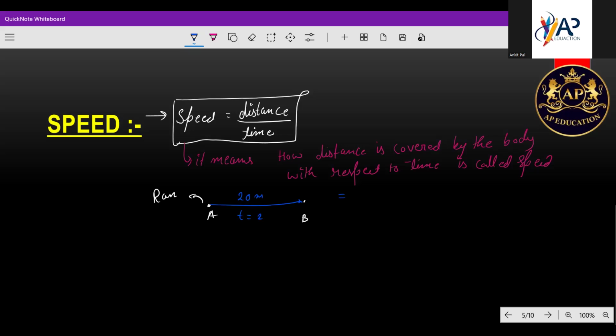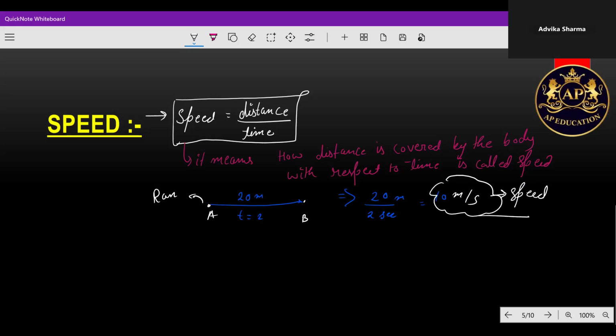So we say that 20 meters divided by 2 seconds gives you 10 meters per second, which is speed. I think it is clear.